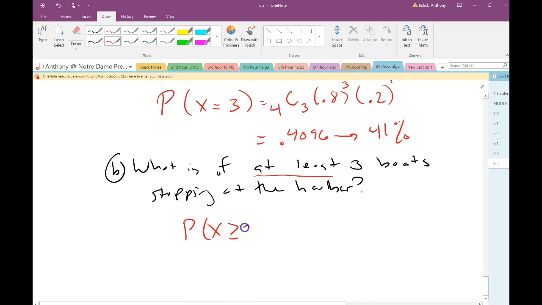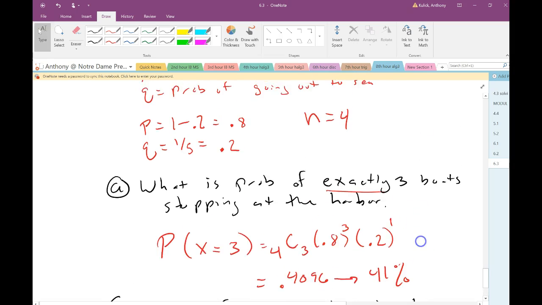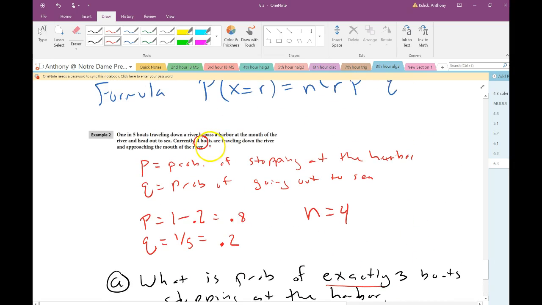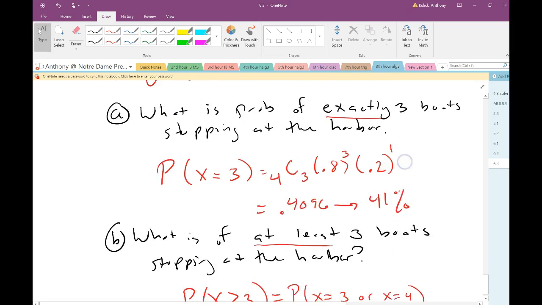So that means we have x greater than or equal to 3. In this case, that could be P of x equals 3, or x equals 4, because again, we're told there are only 4 boats traveling on the river.